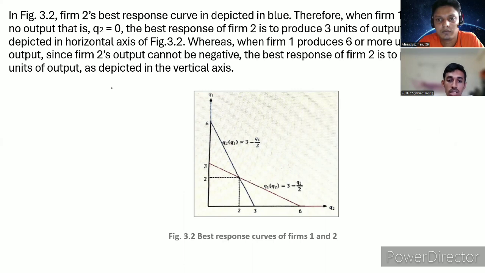Therefore, when farm 1 produces no output, that is Q1 equals 0, the best response of farm 2 is to produce 3 units. This is the point, as depicted on the horizontal axis of figure 3.2. When farm 1 produces 6 or more units of output, since farm 2's output cannot be negative, the best response of farm 2 is to produce 0 units of output, exhibited on the vertical line.